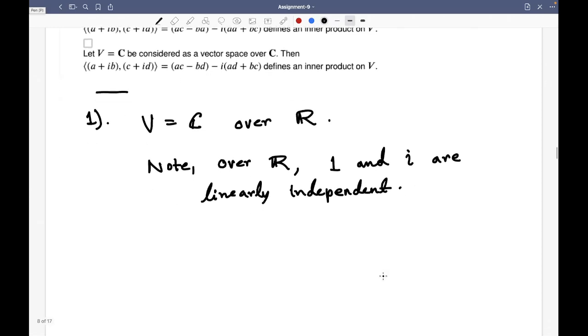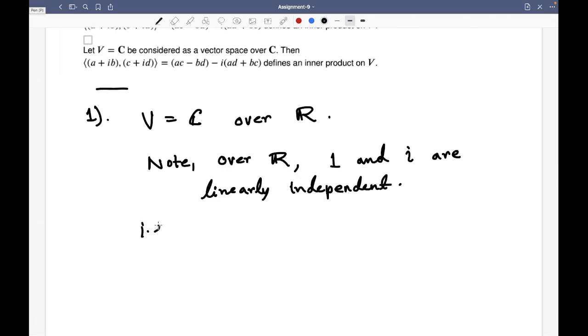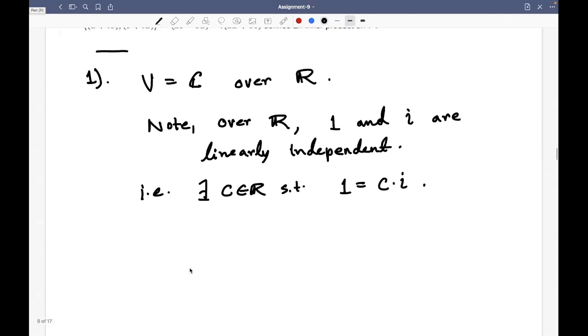What it means is that there does not exist a real number c such that 1 equals c times i, right? So this will not hold, which means 1 and i are independent on C over R. So these two are linearly independent, and you can check that these two form a basis also.